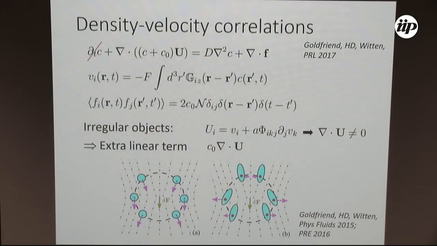If we repeat the same model with all its problems and just assume that the particles are asymmetric, now we also characterize the response of such an object to non-uniform shear flow around it, and this response can be characterized by a third-rank tensor, which we call phi. To the current argument, what it means is that if I take the divergence of u, it's not 0.